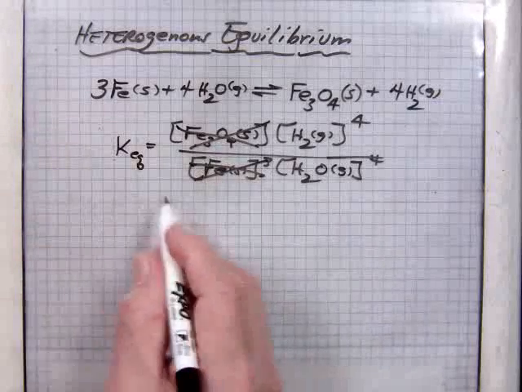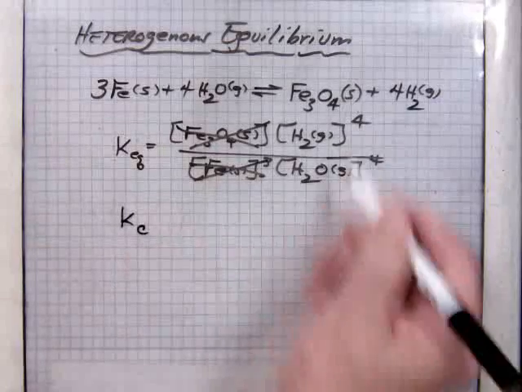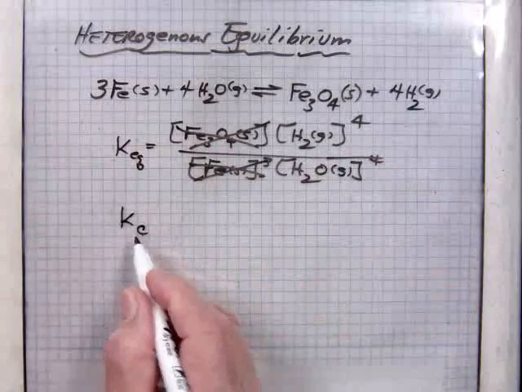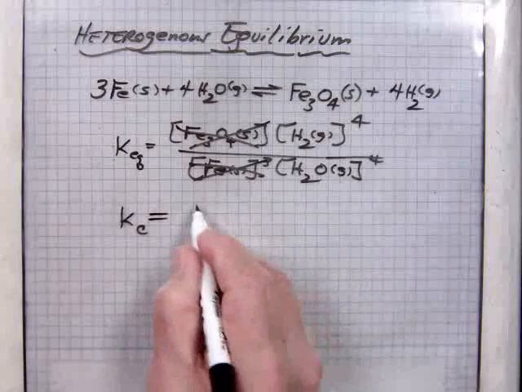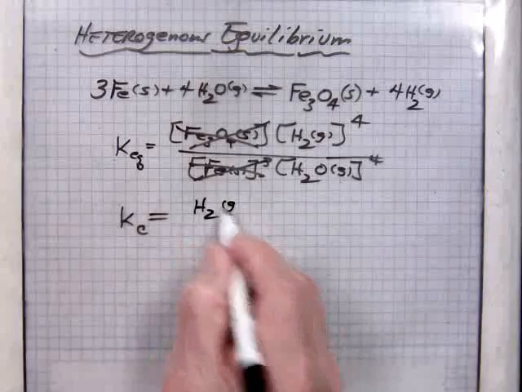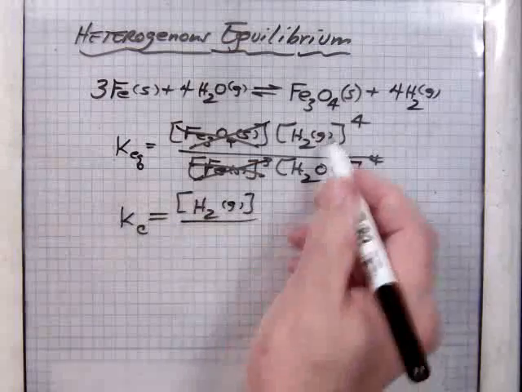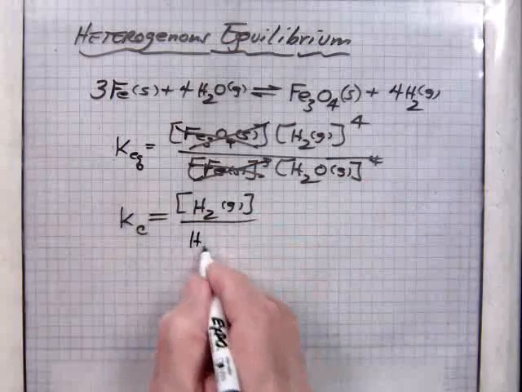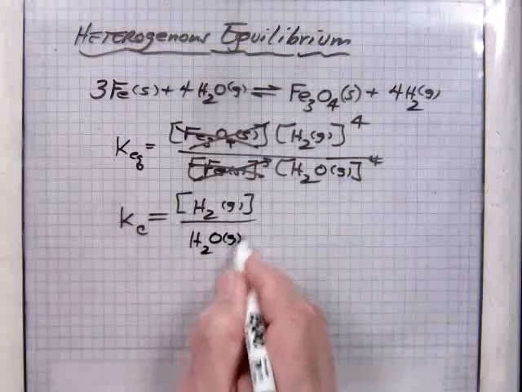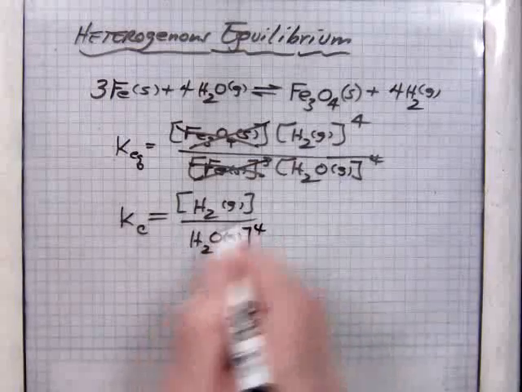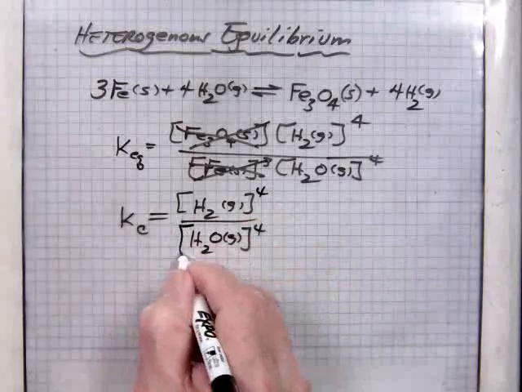And so the Kc, now that everything's gas phase, we can use Kc terminology, and so the appropriate measurements are made around gas phase concentrations of hydrogen gas and steam or water gas. Like this.